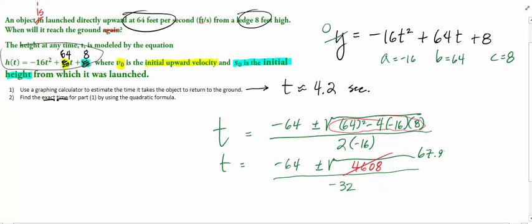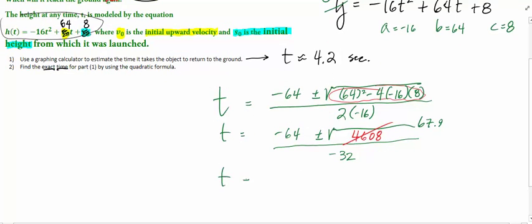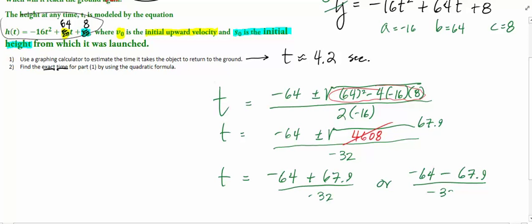Now I'm ready to write my problem twice. I'm going to write the positive version of this, 67.9 over negative 32. And I also have the negative path, negative 64 minus 67.9, over negative 32.